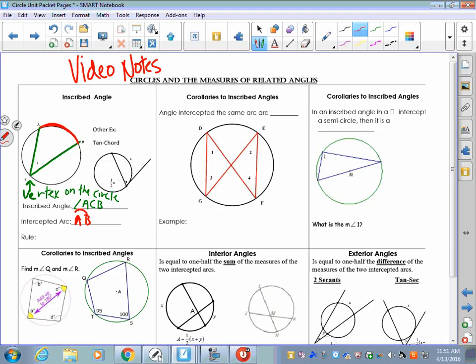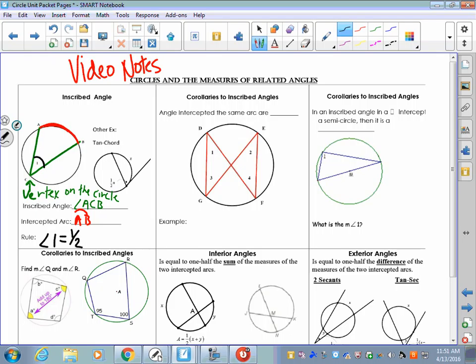So the rule is, whenever I have an inscribed angle, a vertex on the circle, the measure of that angle, for example, angle 1, is going to be half the intercepted arc.